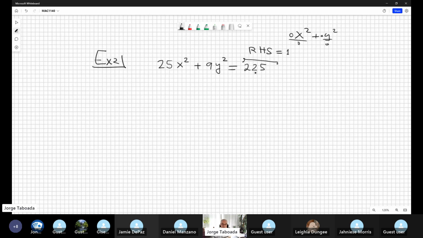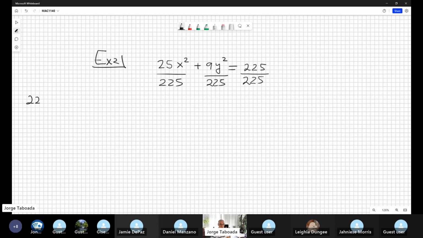You need to guarantee that in all the analysis you do. So it's easy, because the only thing you need to do is divide the entire equation by 225. Now you divide 225 divided by 25 is 9.